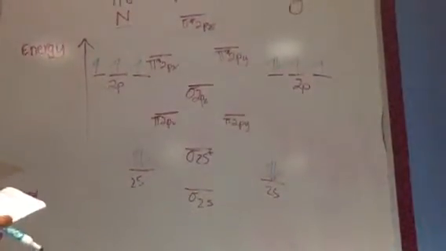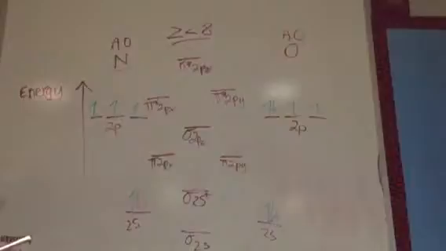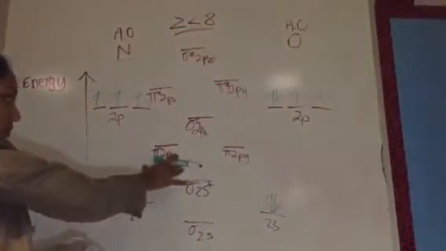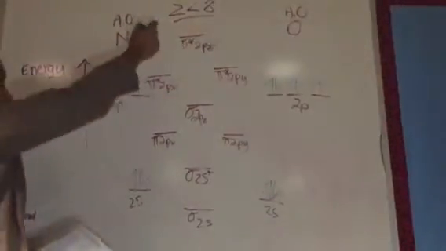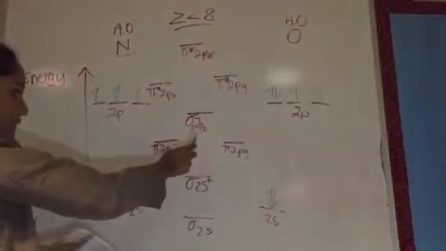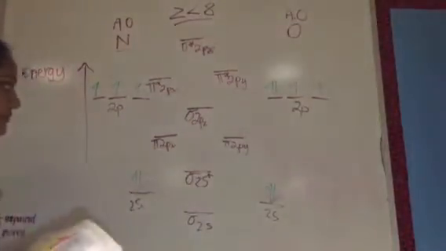Because nitrogen and oxygen both have Z numbers less than 8, we use this version of the molecular orbital diagram. If our Z number was greater than 8, the sigma 2pz orbital would be lower in energy and it would come down here.